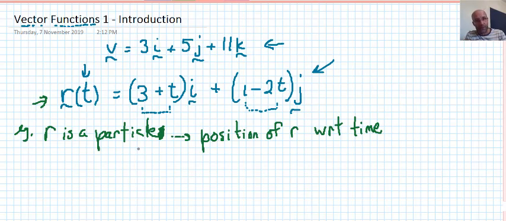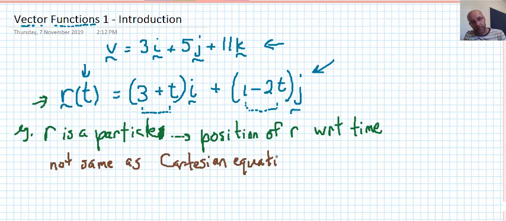It's important to note that these vector functions are not the same as Cartesian equations. Although they can be related, they're certainly not the same thing. You might remember Cartesian is y versus x.